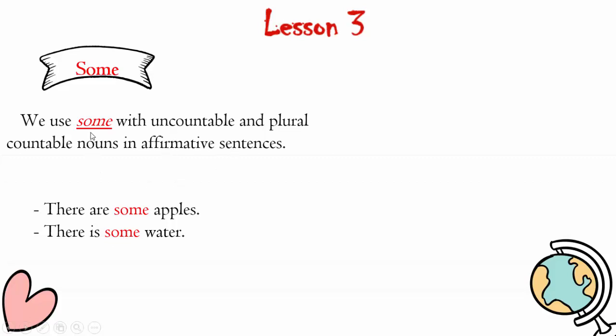So we use some with uncountable and plural countable nouns in affirmative sentences. There are some apples, an affirmative sentence with a plural noun. There is some water, an affirmative sentence with an uncountable noun.